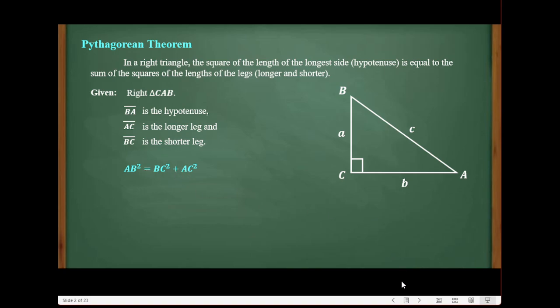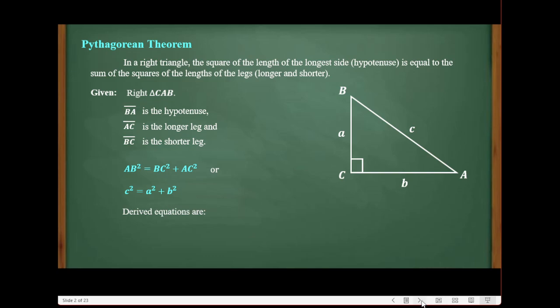Now, we can also express this mathematically using those small letters that represent the length of these three sides. So, we can write the Pythagorean theorem as C squared is equal to A squared plus B squared. And from this formula, we can have three different formula transformations.